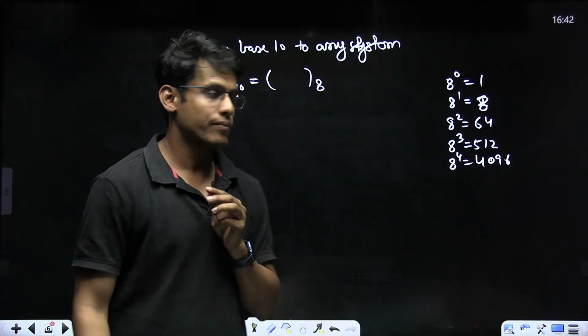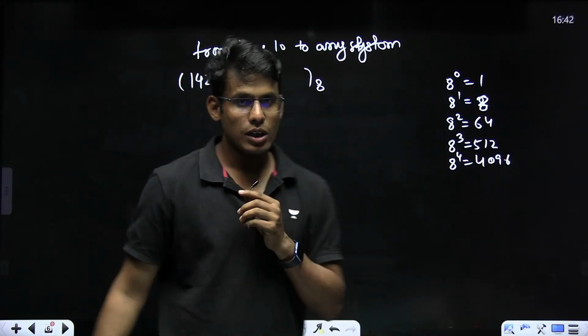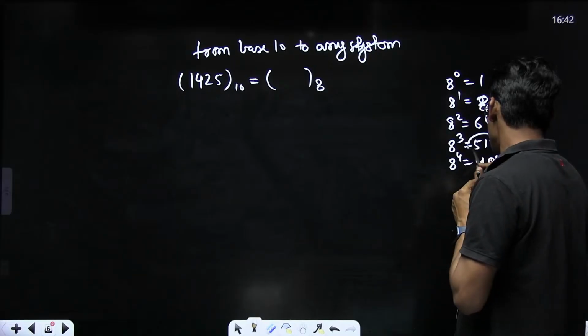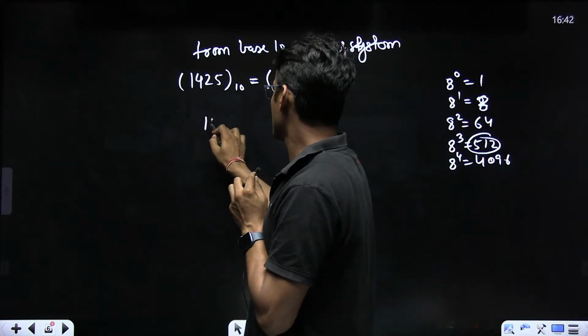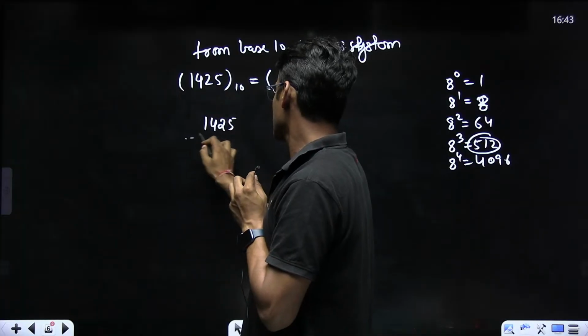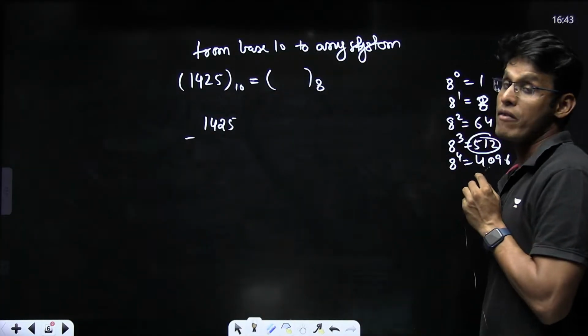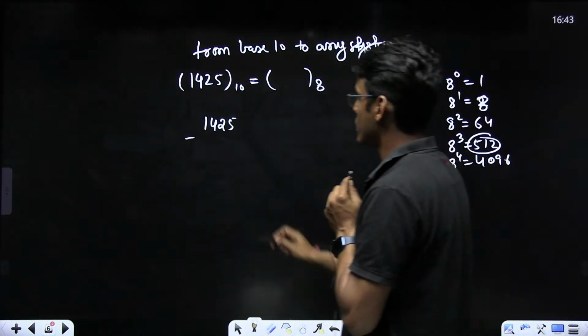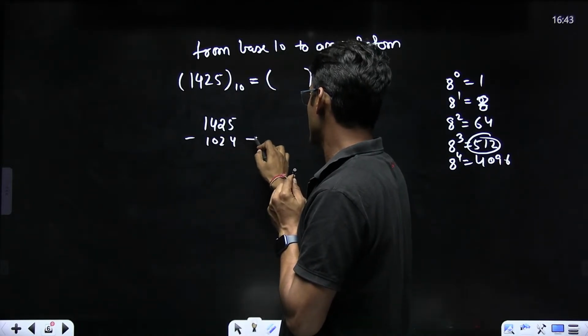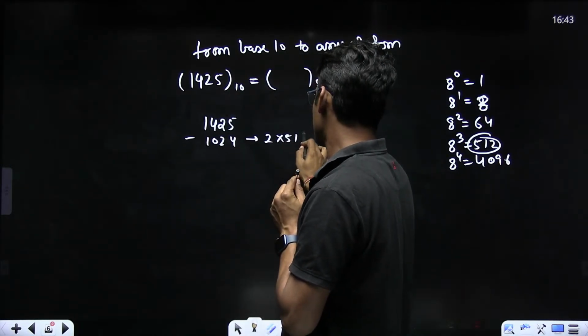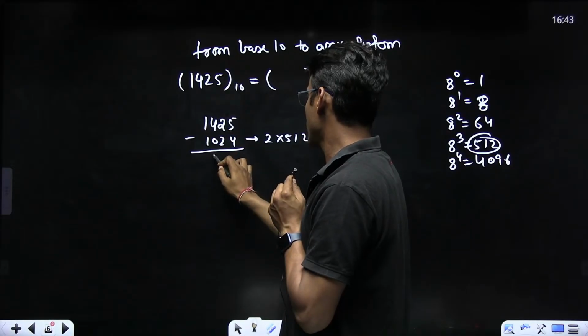So 512 is what I have. So I will subtract multiples of 512. I am subtracting 1024, which is 2 times 512. Let me subtract it. What do I get? 401.